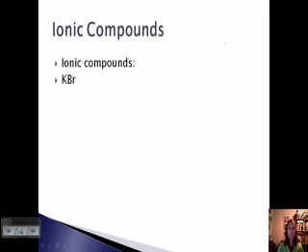For ionic compounds, let's look at KBr. So, potassium, we need to find the valence electrons. Potassium has 1, because it's in that first group, and bromine has 7. So that's a total of 8 valence electrons, or 8 dots. Well, ionic bonds are a little different, because the electron from potassium is stolen, right?